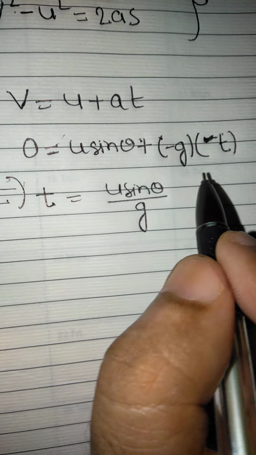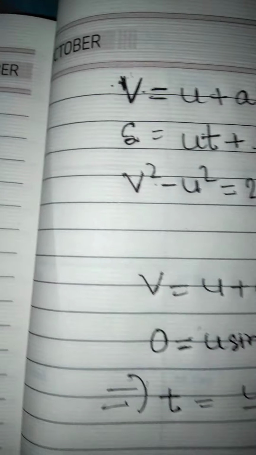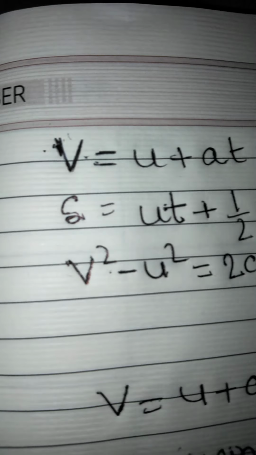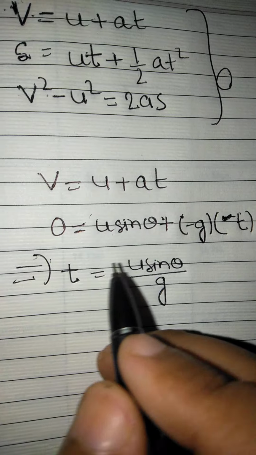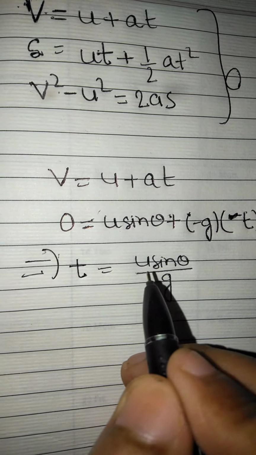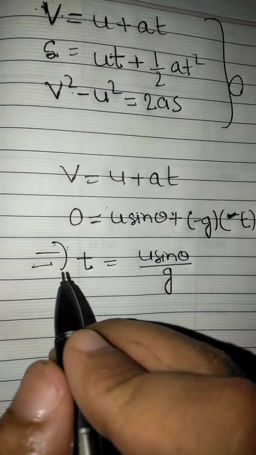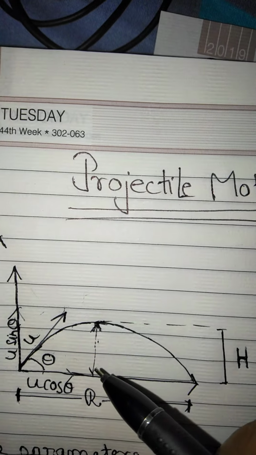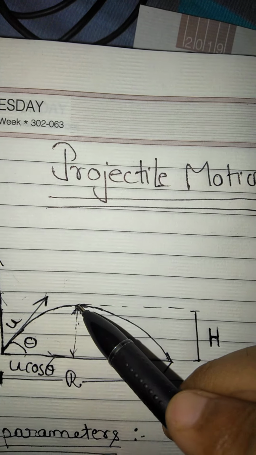Now we can see that from this equation the t becomes u sin theta by g, which is the time period the projectile takes to reach this point.